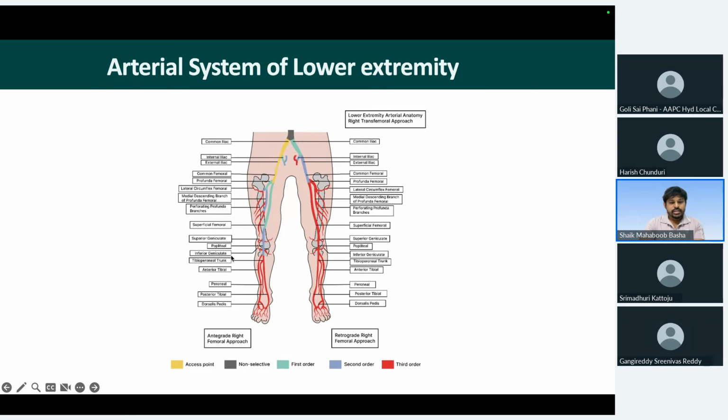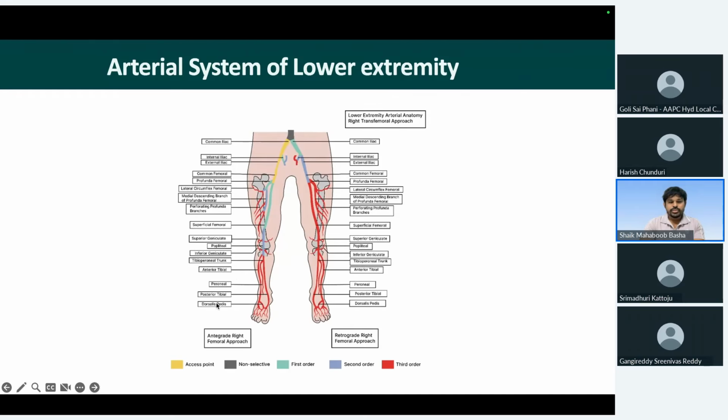These are all the arteries falling under the femoral territory. While coming to the tibial territory, as shown, tibioperoneal trunk, anterior tibial artery, peroneal artery, posterior tibial artery, dorsalis pedis artery.